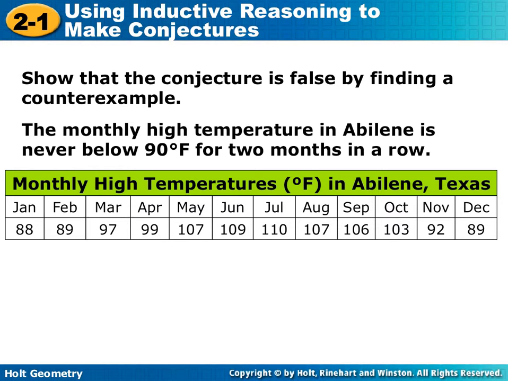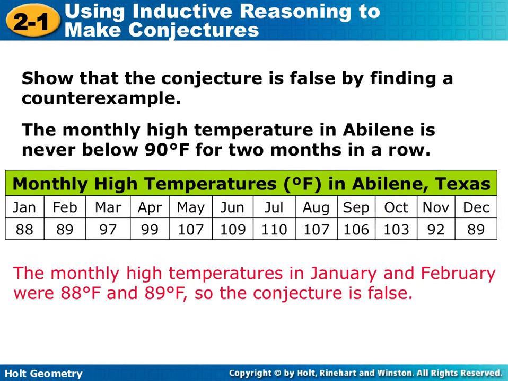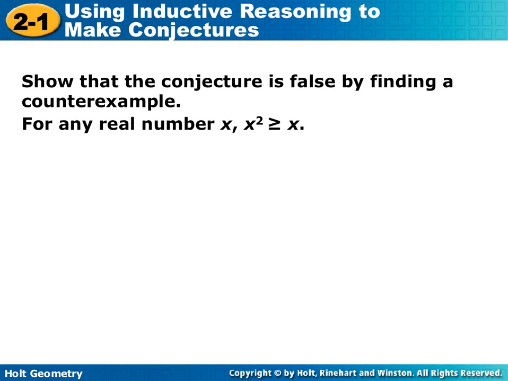Okay, so December, then January, and then February, that's even 3 months in a row that it's below 90 degrees. He probably didn't even need to give me 3. If he had just said January and February, that would be a counterexample, or just December and January. So there are counterexamples in that one, so I'm showing that the conjecture, the statement up there, was false, because I could demonstrate it by a counterexample.